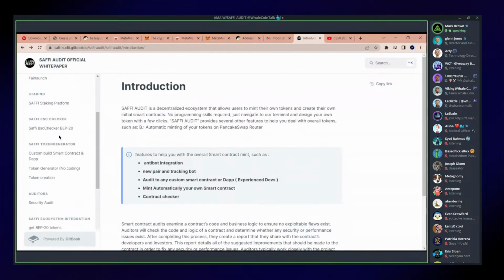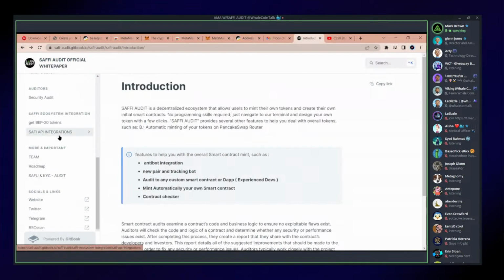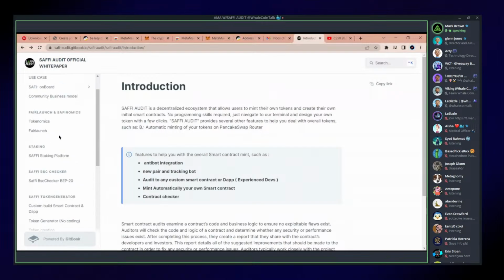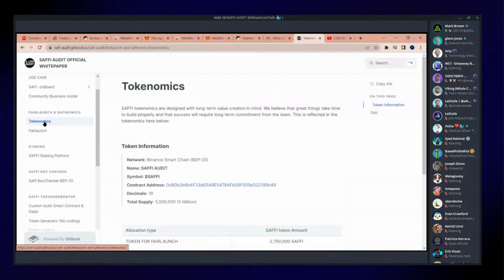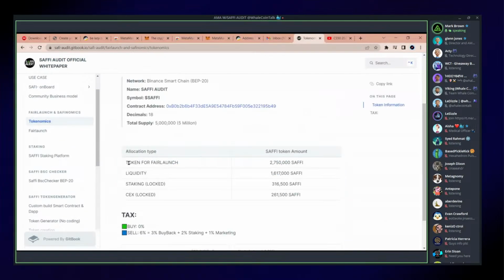For the tokenomics, we try to keep it as simple as possible. Let me just put it out. So if you see, guys, the tokens going to the fair launch is going to be 55%. We have the liquidity around 1,600,000. We have a pool for the staking and it's locked and it's only 6%. And we have another pool for the CEX that we already confirmed with Coinsbit.